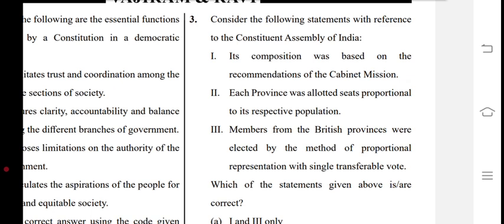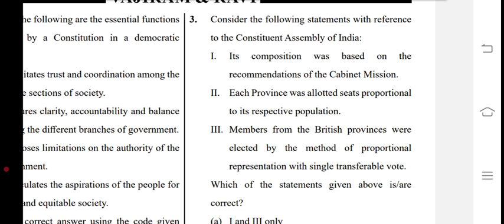Consider the following statements with reference to the Constituent Assembly of India. Its composition was based on the recommendation of the Cabinet Mission. Each province was allotted seats proportional to its respective population.